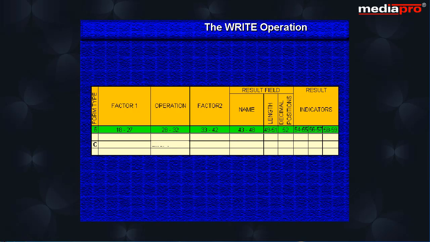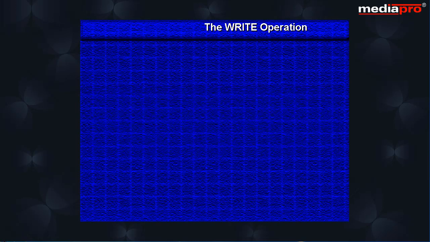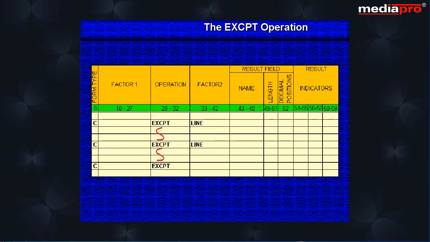The other operation that we can use is EXCPT. The EXCPT operation on database files is identical to that used with printer files, which we have seen earlier. Factor 2 can include an E-line name that exists on the output specification.